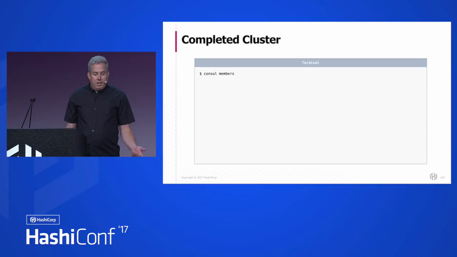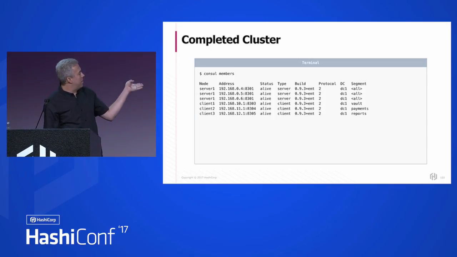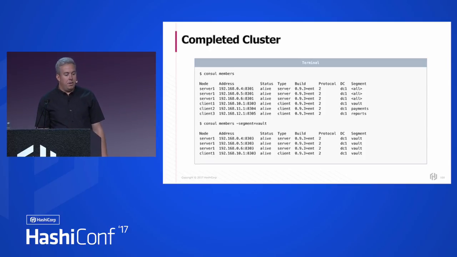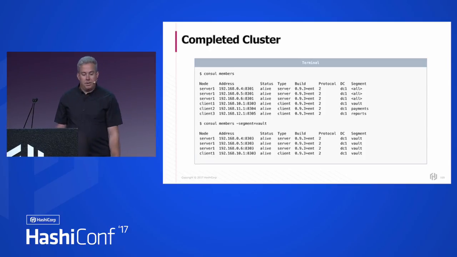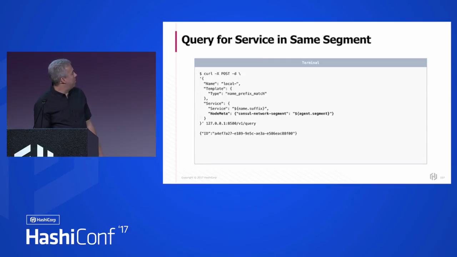When you have a completed cluster, you can list members. This is run on a server, so it can see across all the segments, and then you can isolate your list to just a particular segment. KV works the same. Catalog basically works the same. But there is the ability to filter to find a service inside of your segment, and we can show an example for that.